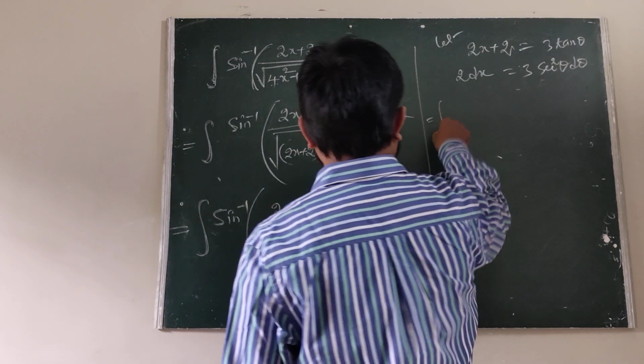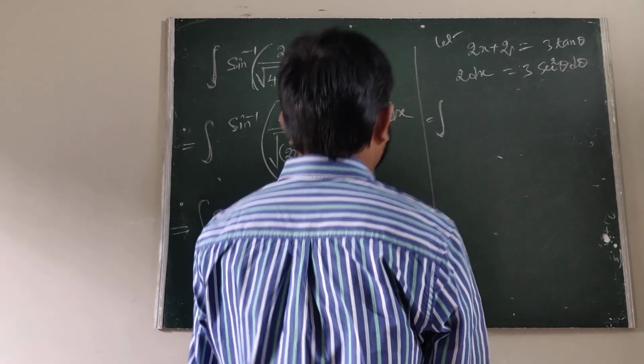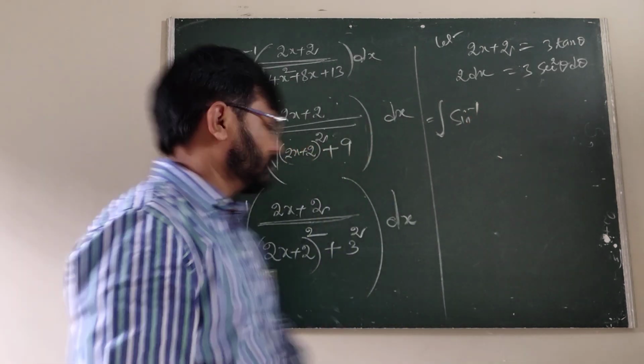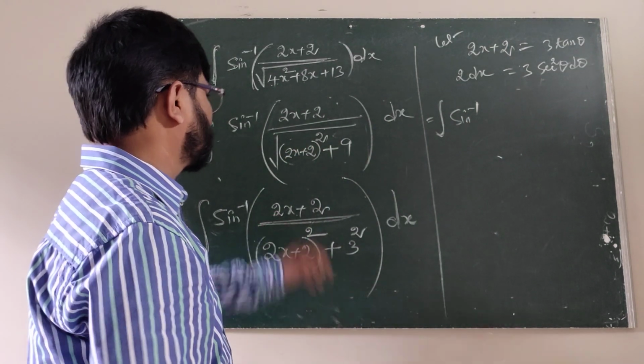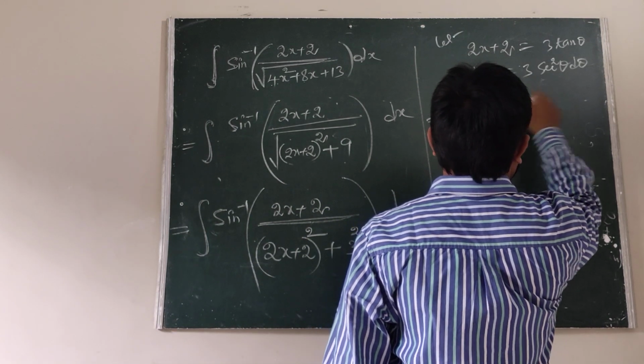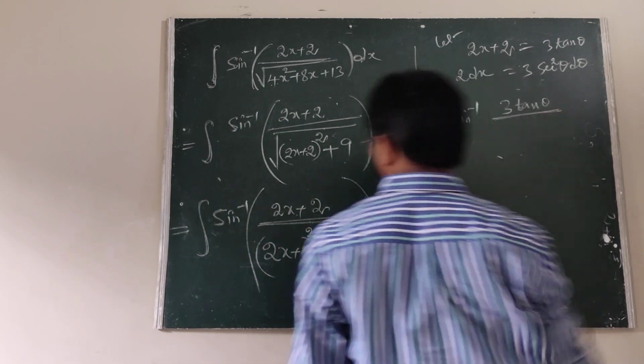Therefore now this is the integral of sine inverse of 2x plus 2, which is 3 tan theta.